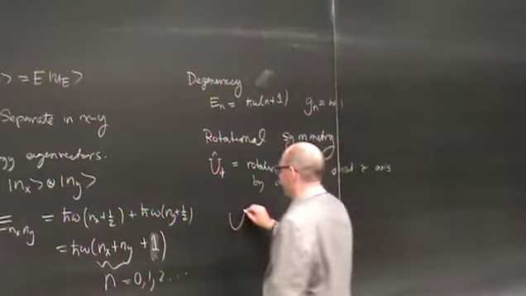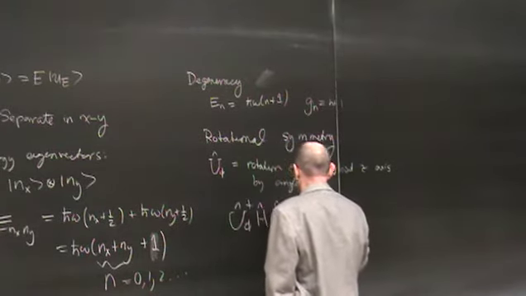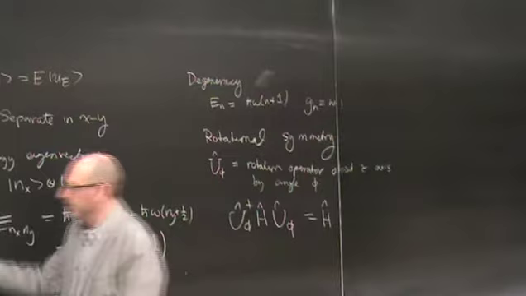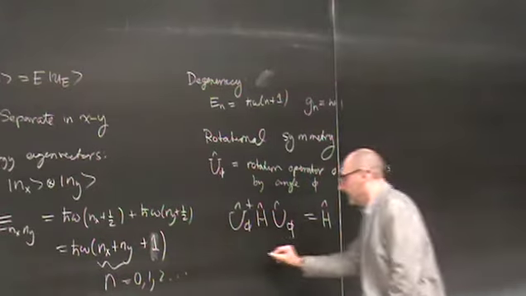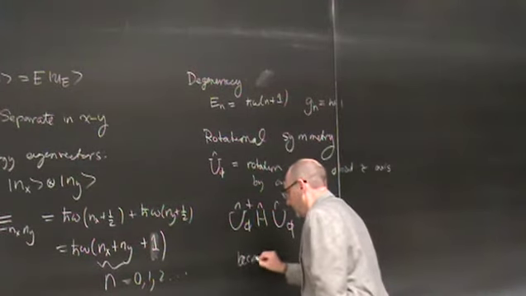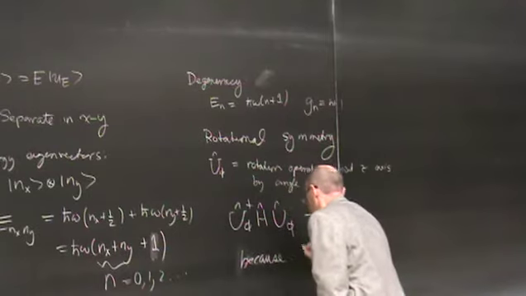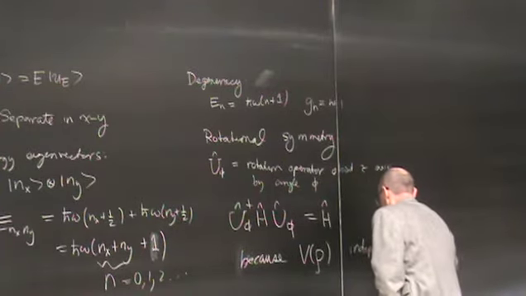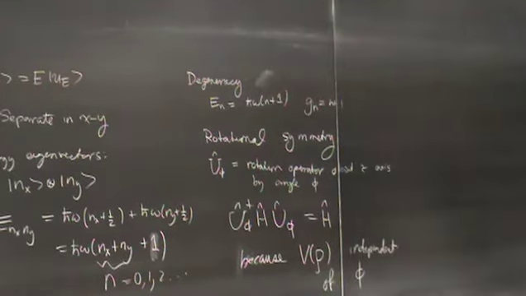So this Hamiltonian is invariant under such a rotation. And the reason that's true: the kinetic energy is always invariant under a rotation, but the potential here is independent of phi. Okay? The potential is azimuthally symmetric.